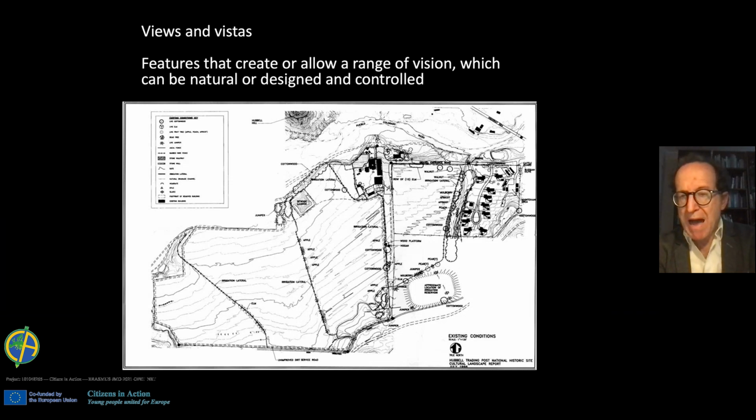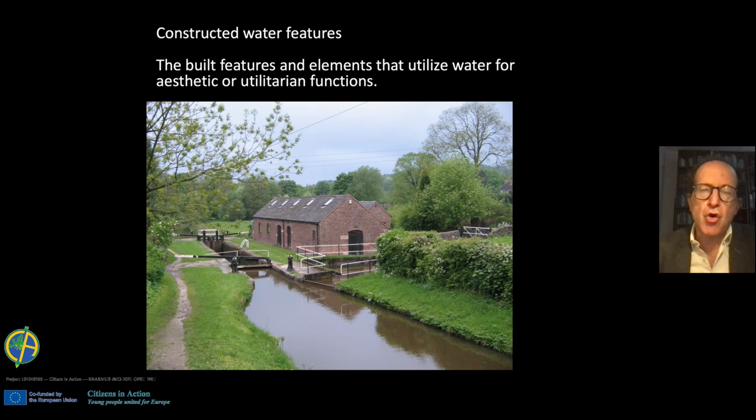So technical maps, technical tools to help the shape of a landscape. And according to technical elements, also constructing water features. Water is, as we already said, a very important element of landscape, a very important element for farms, for villages, for towns, but water can be controlled and utilized for utilitarian function or also for aesthetic function.